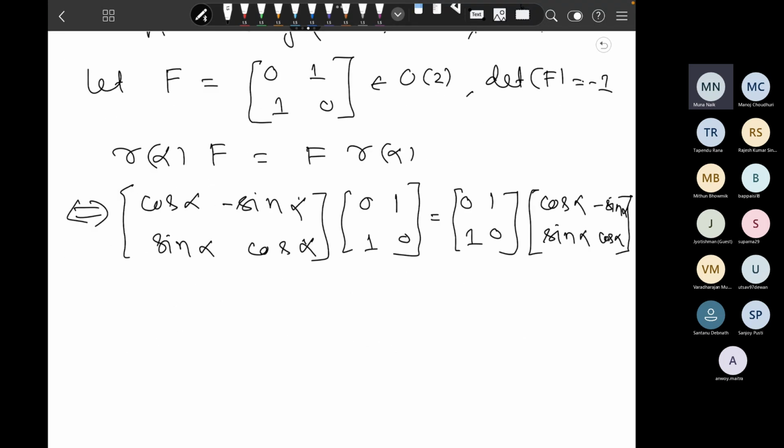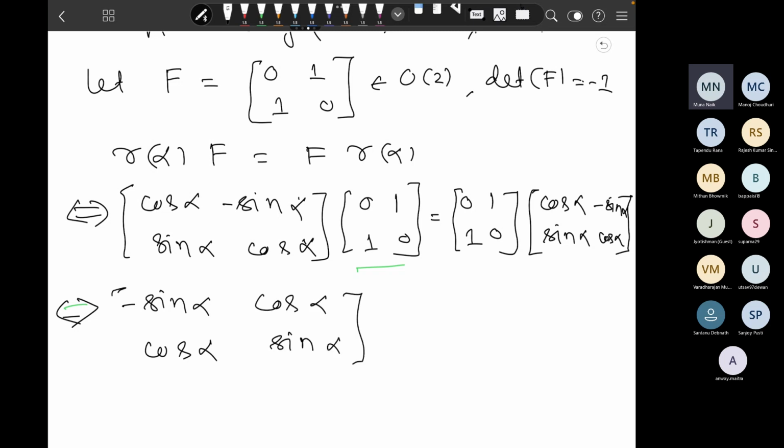Now the thing is, this is really an elementary matrix which interchanges the two rows basically, but I am multiplying from the right, so it will really interchange the columns. So this is really minus sin alpha, cos alpha, sin alpha, and this one interchanges the rows.